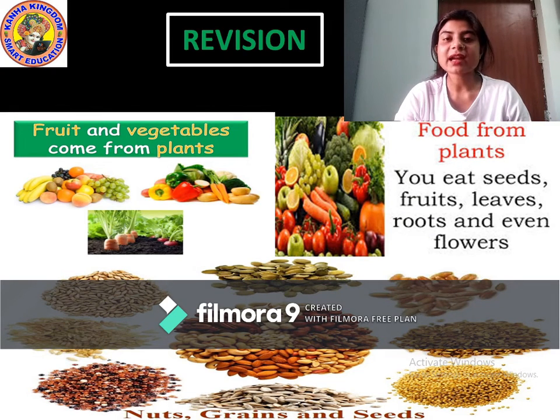Plants give us different kinds of food, and we eat different parts of the plant.